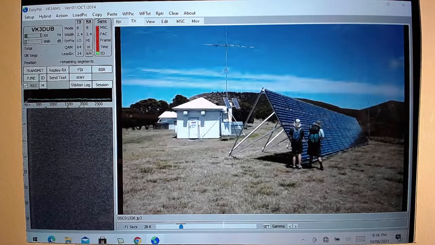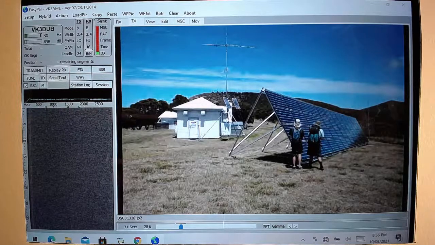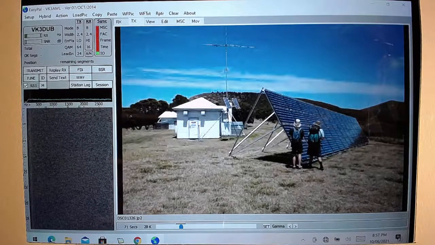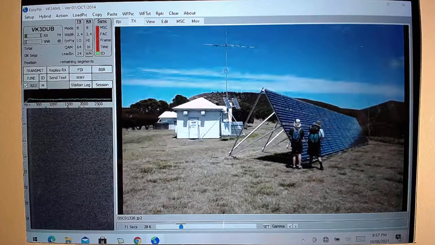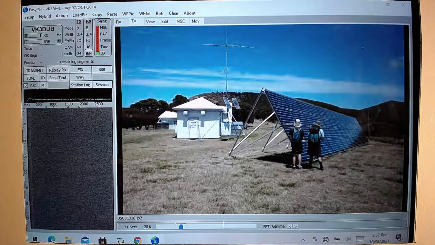I hope there are about 4 or 5 people watching, and it's now 3 minutes to the start time for the net. So we're just standing by.